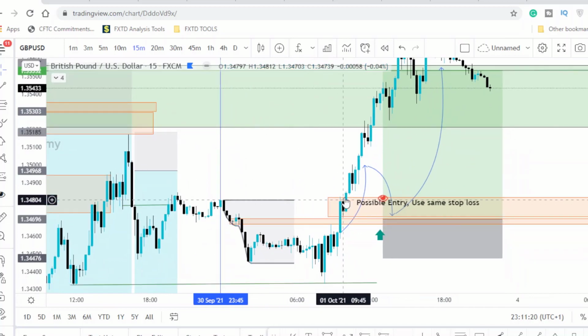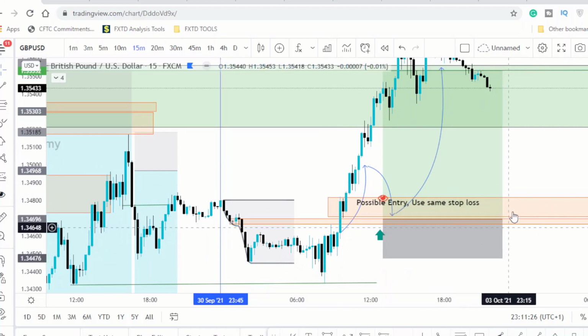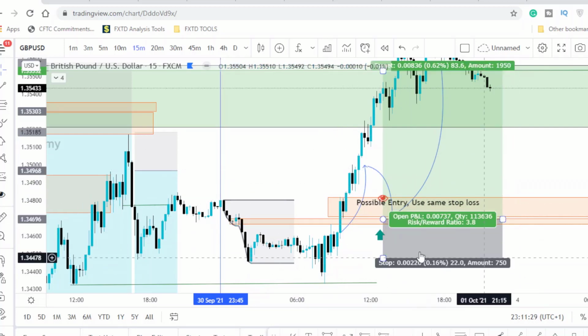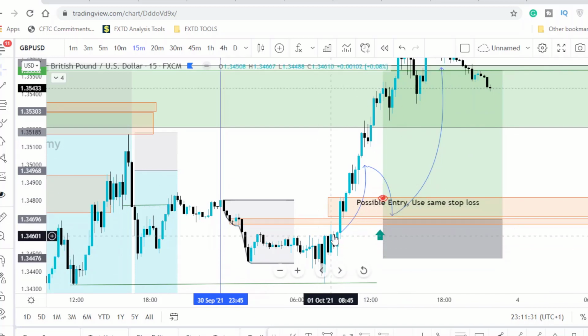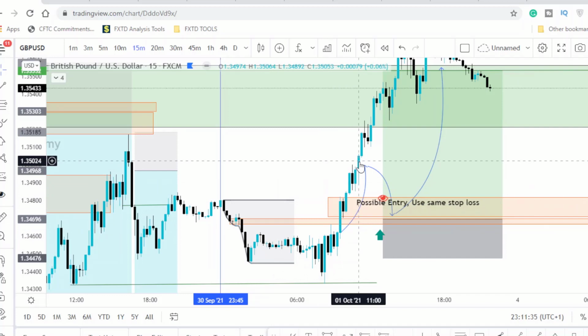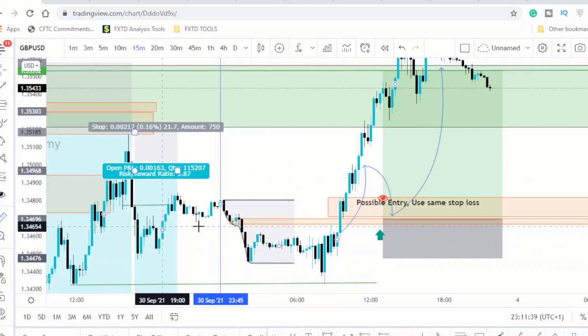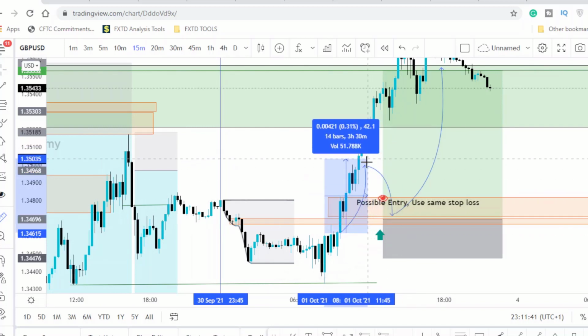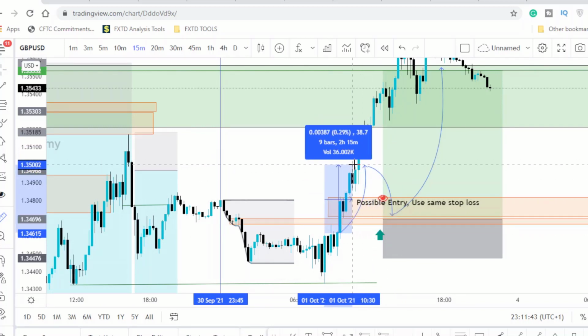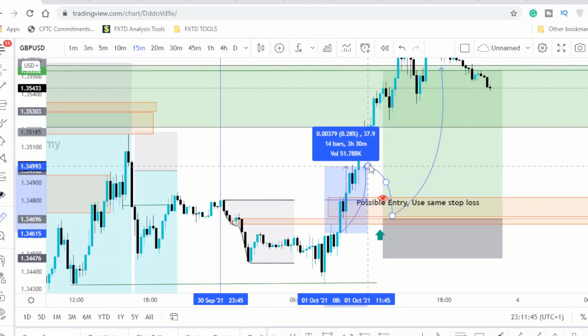looking at this is where you see I said possible entry, use the same stop loss, because I actually sent these to those in the FXTD Academy, and you see this was where price was before I actually sent this, and it was actually a nice move, of which majority of them caught the move about 38 pips to 40 pips.